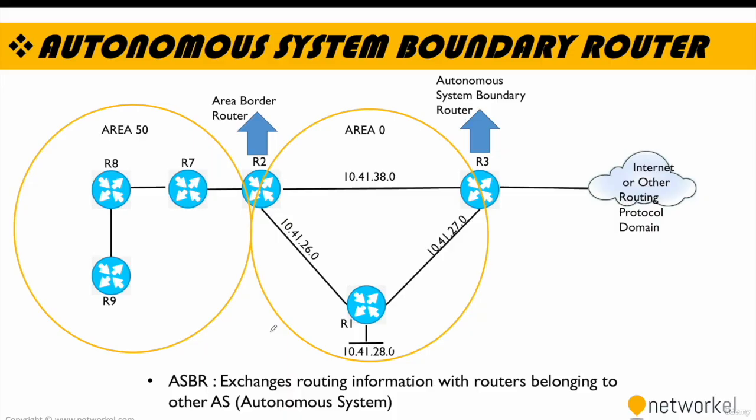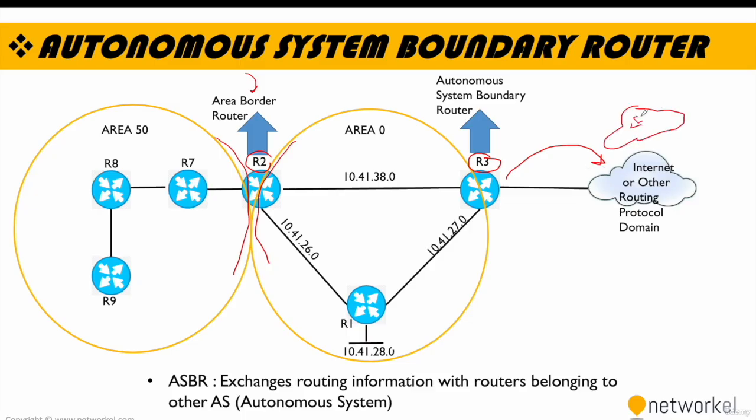So here you can see that we have our area border router, which is router 2, and this is connecting area 50 to area 0. Here I don't have any other areas, and this router 3 is directly connected to the internet or any other routing protocol domains.